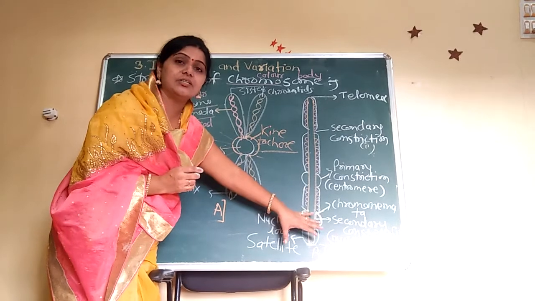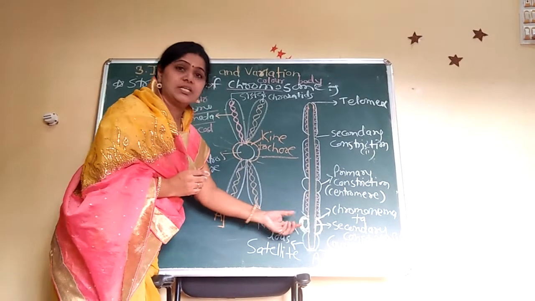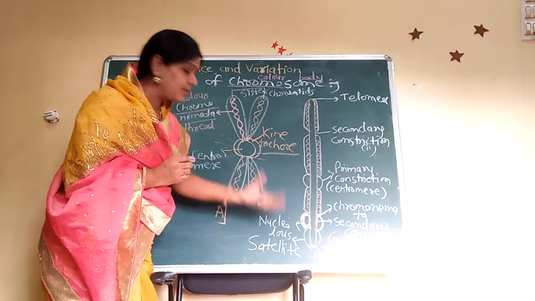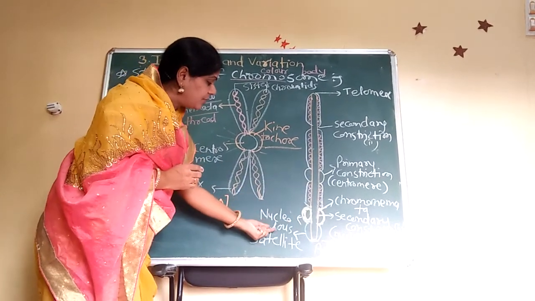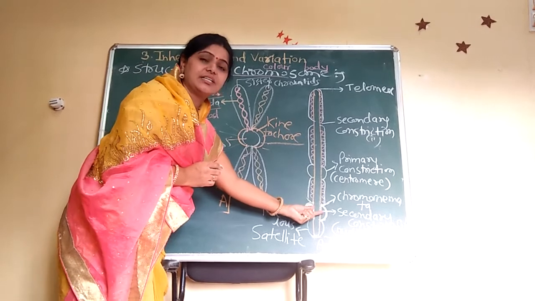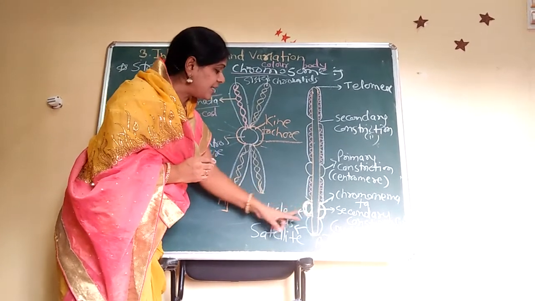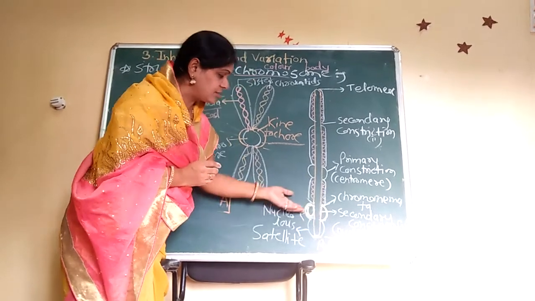Why is it called a nucleolar organizer? Because it is responsible for the formation of the nucleolus. What does the secondary constriction do? It forms the nucleolus. That's why it is called the nucleolar organizer.